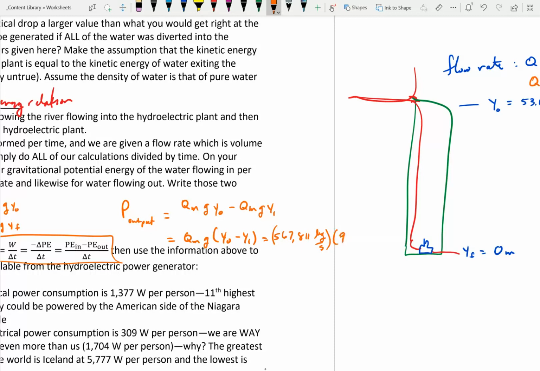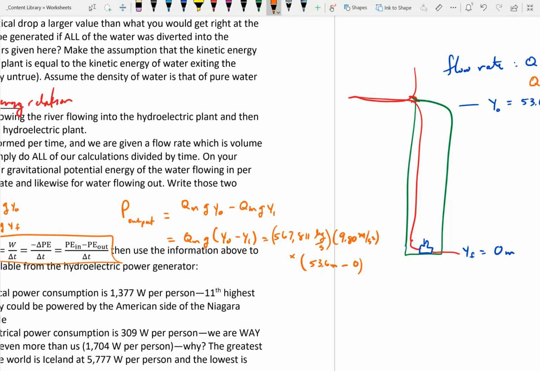Multiply that by 9.80 meters per second squared, and I didn't give myself enough space, so continuing down below. The Y final is 0, it's the Y initial minus Y final. The Y initial is 53.6 meters minus 0.